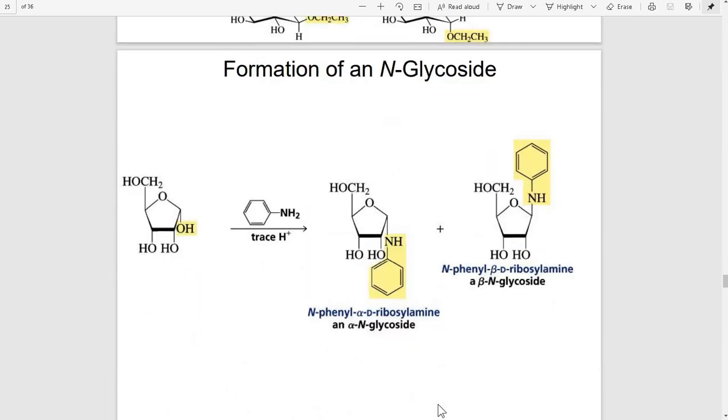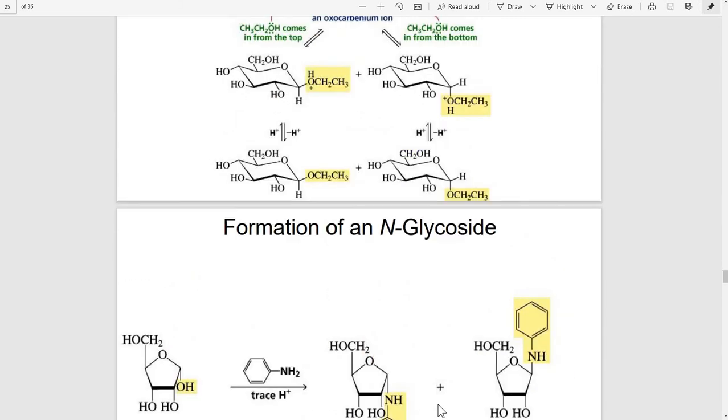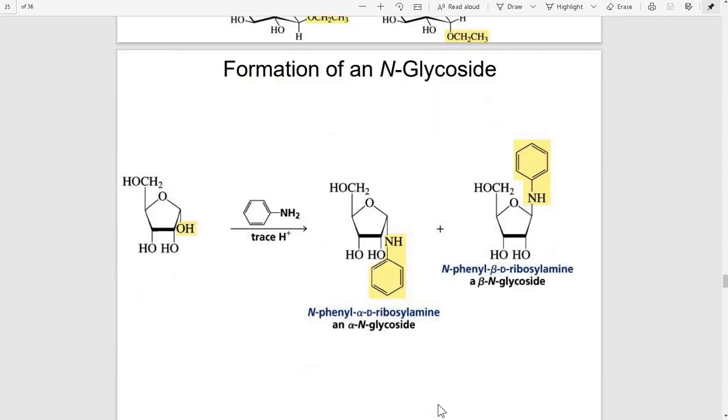Formation of an N-glucoside. This mechanism is the same as glucoside formation, only the incoming group is different. We are taking aniline here. This aniline removes this OH group. Okay, see here, we are taking this compound in the presence of aniline.